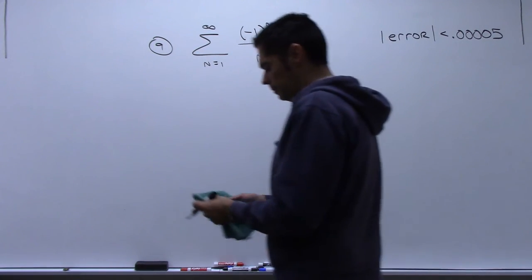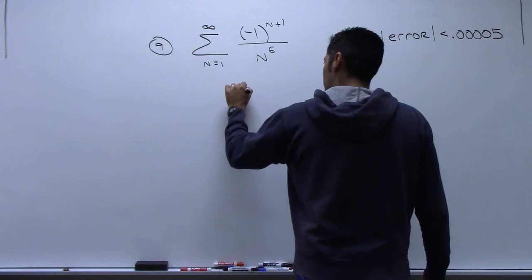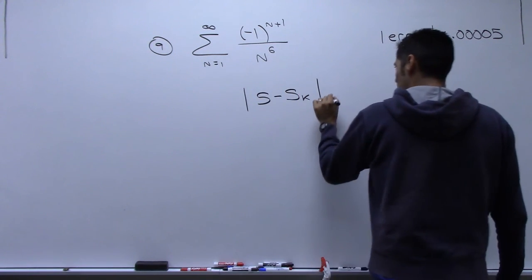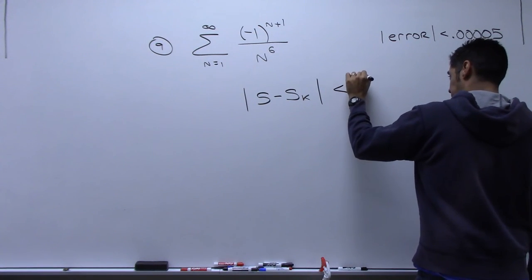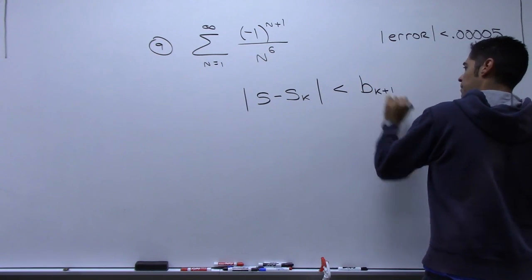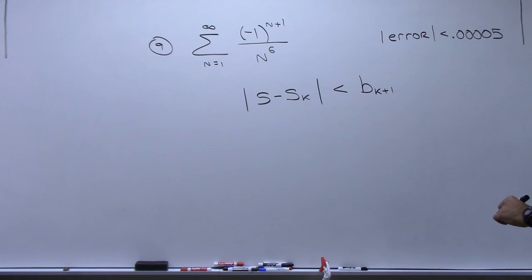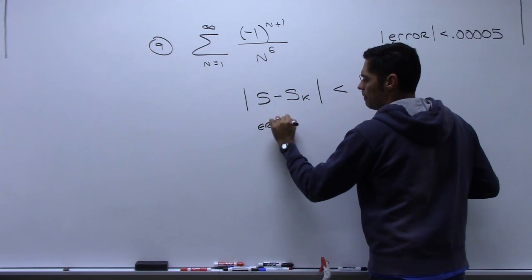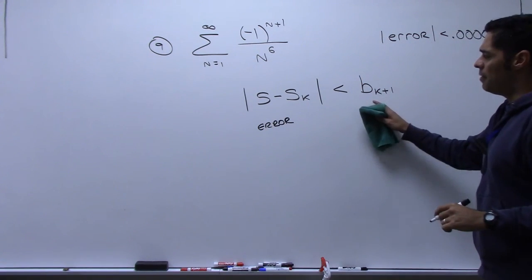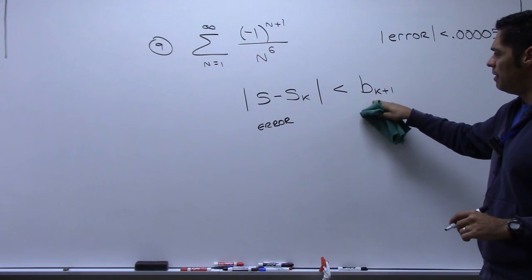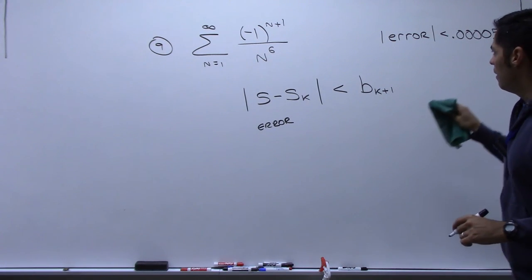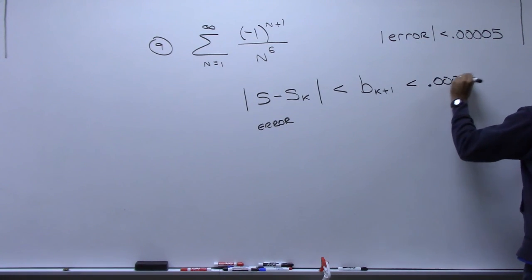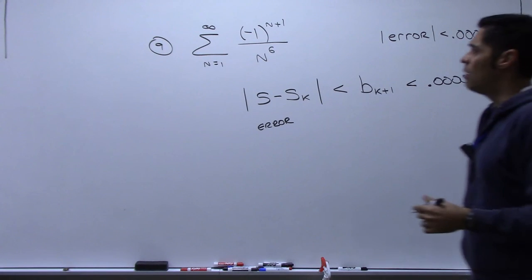So from class, what I said is that the true sum minus the partial sum has to be less than b sub k plus 1. This is the error right here. We know by the theorem it has to be less than b sub k plus 1. But we want that to be less than 0.00005. So I need to figure out what b sub k is.